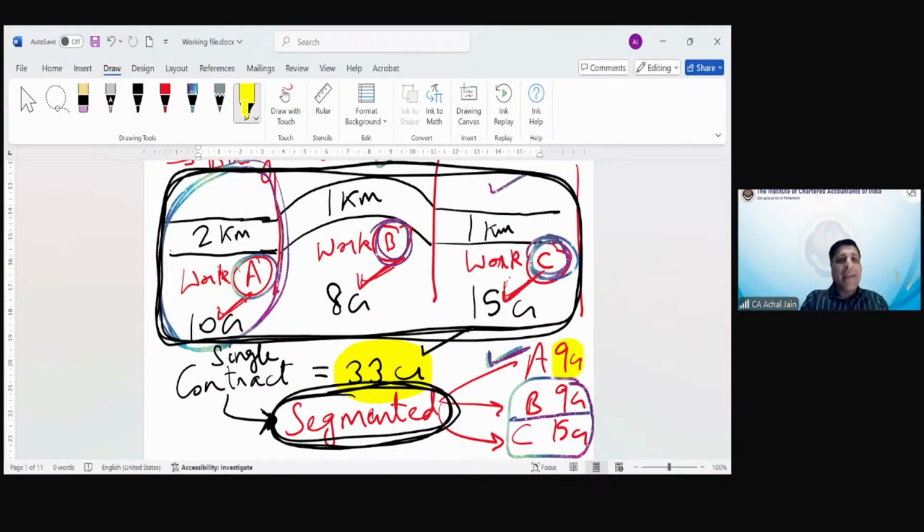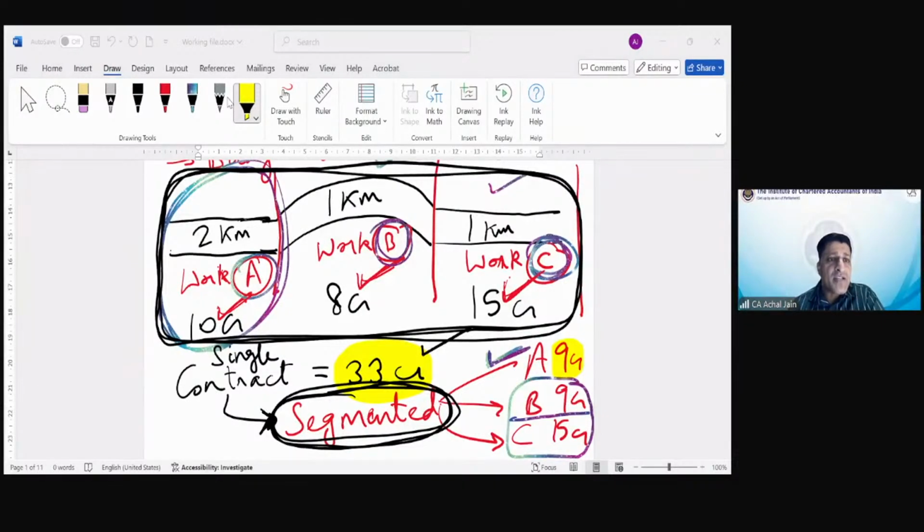For the remaining amount, you will look at it as and when they are completed. So you are not treating this to be a single contract. Your approach as far as that aspect is concerned has changed. Clear on this? Ankit, please confirm quickly. Then I'll move on to some more queries which I have received.